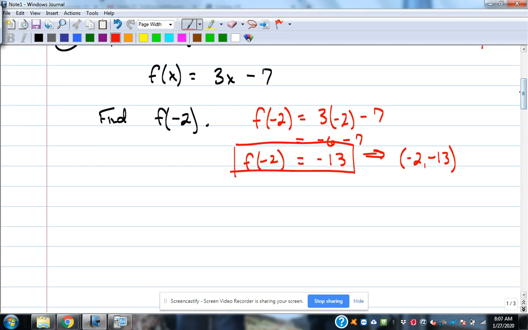Kind of in the same idea with function value, they could ask you for the same thing: find x when f of x is equal to, let's do, negative 21. So what are we doing there?